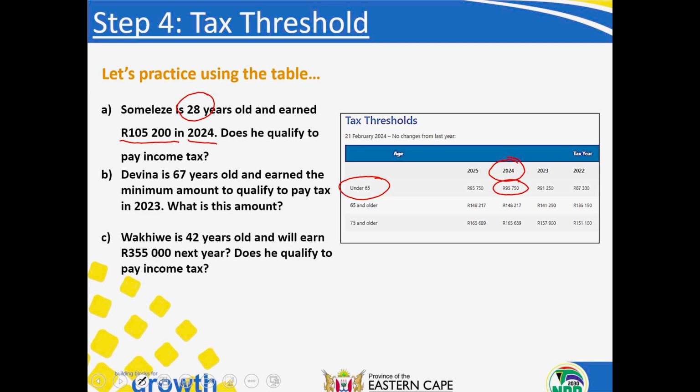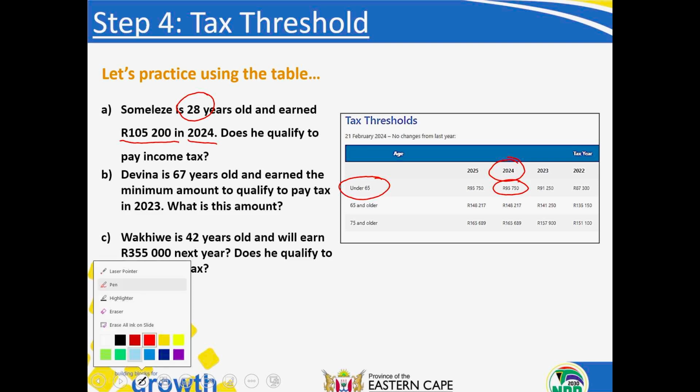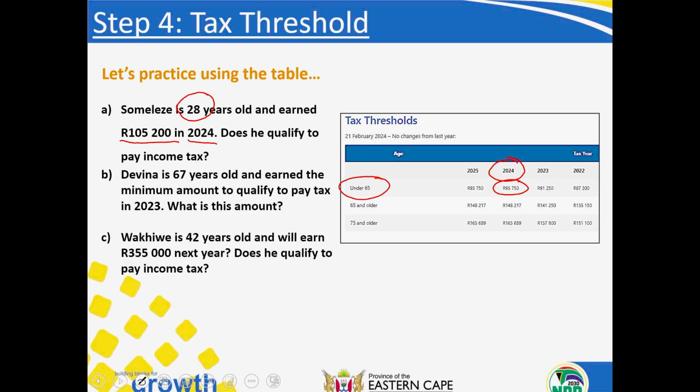Let's move on to Davina. Davina is 67 years old and earned the minimum amount to qualify to pay tax in 2023. What is this amount? So again, we've been given her age. We've been given a year, but we haven't been given how much she earns.